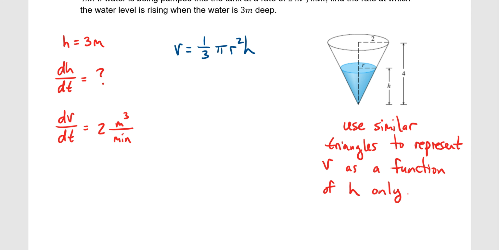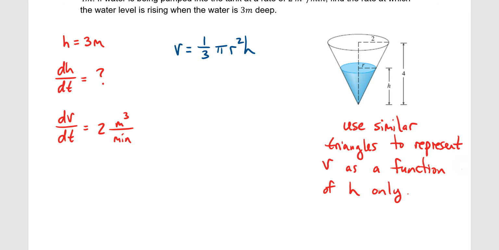The tricky thing is we need to know to use similar triangles, and the reason is because we have triangles in here. If we take a look at this right here, here's a right triangle for the water level, but then if you also go up, you can see there is another triangle with the shape of the cone. Since these are both right triangles within each other, this is how we know we can use similar triangles.